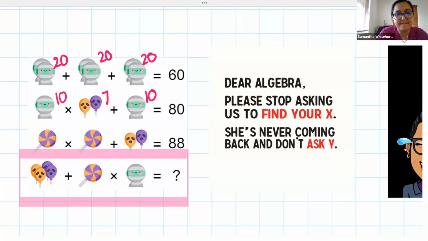The lollipop is 9. Good. 9 times 9 plus 7 equals 88. The balloons are 2. It's going to be 14 plus 9 times 10 equals 104. Perfect, Teboho, well done. Thank you.